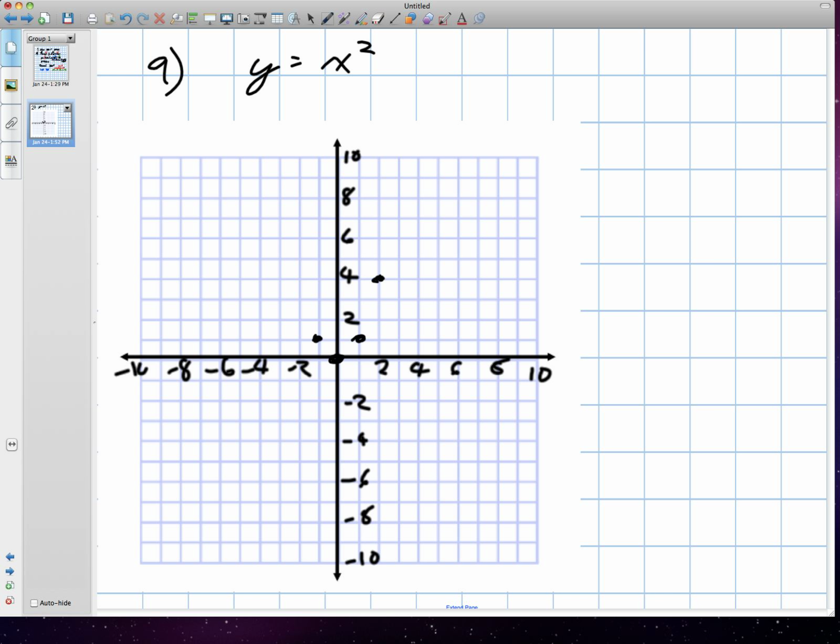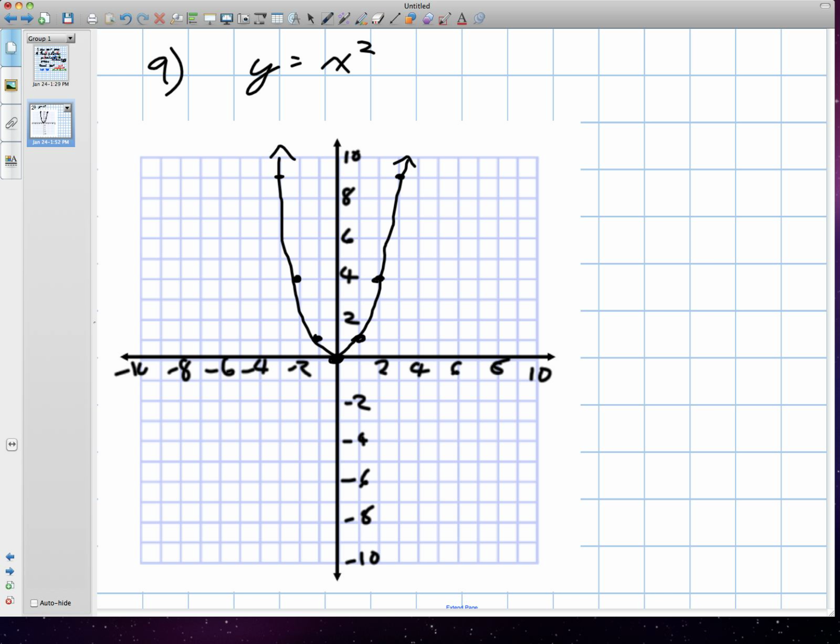Back to the vertex, go over 3, we square 3, we go up 9. If you can only put 2 points, 2 points is good. Okay, so there's our original one.